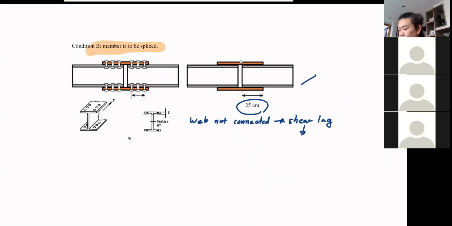And that means you are going to use A effective equal to U times A net. Even though your A net is exactly equal to A gross, your A effective will now not equal A net because of this shear lag problem.